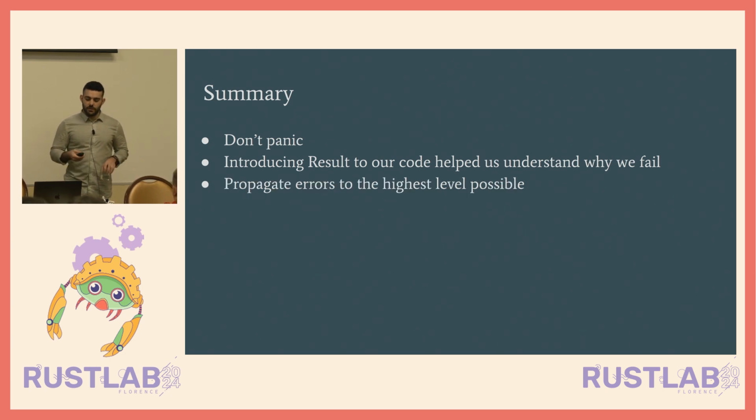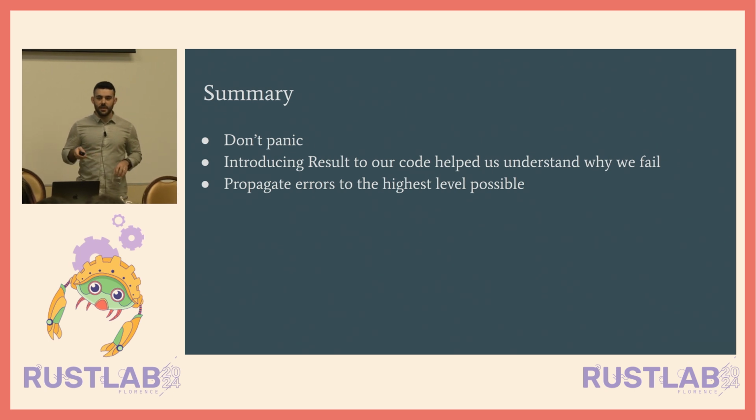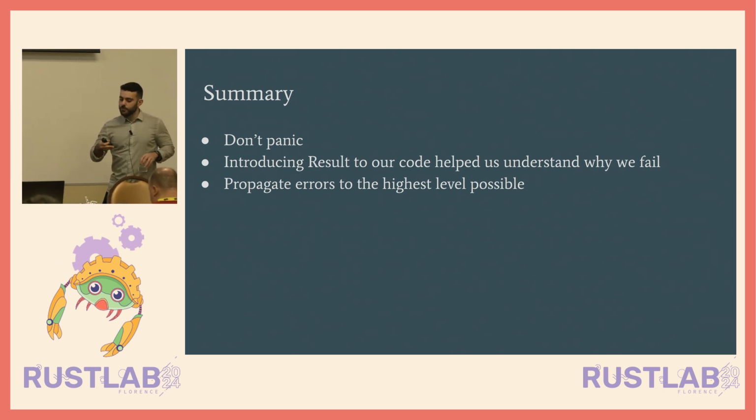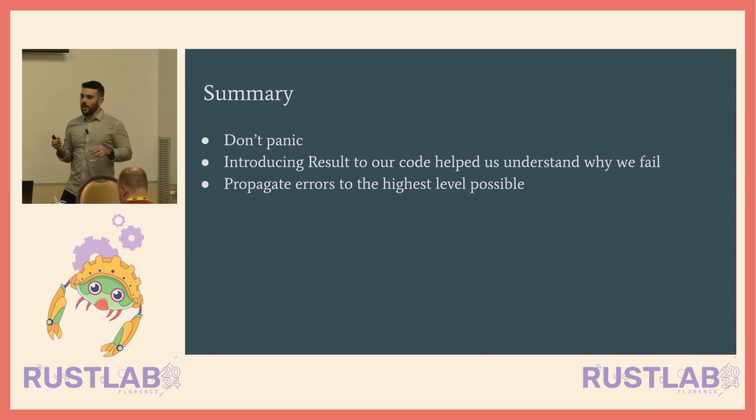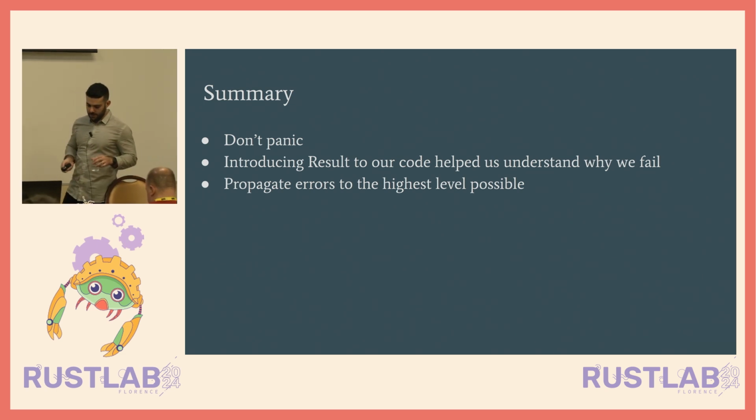Propagation of the errors to the highest level possible will help you understand exactly what happened during the way of the propagation. If that makes sense, you propagate everything to the highest level, and at the highest level you have the highest amount of certainty and context.